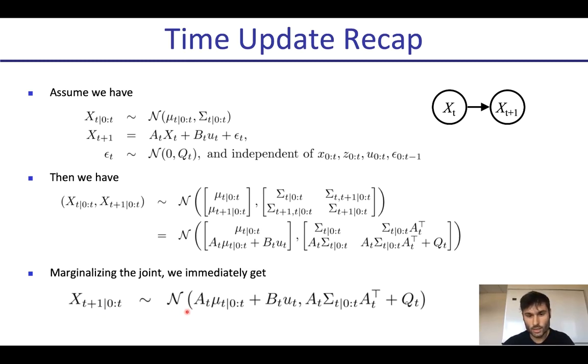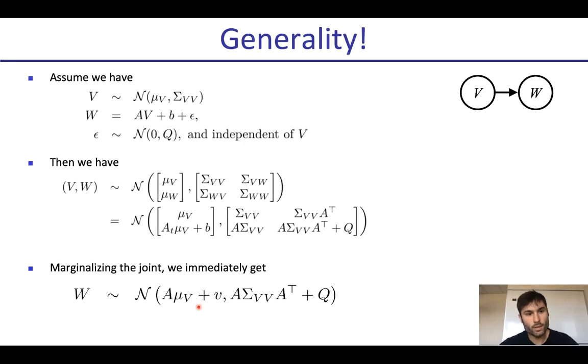These are the formulas that we saw in the multivariate Gaussian case. This is true for any Gaussian variables that have a linear dependency.